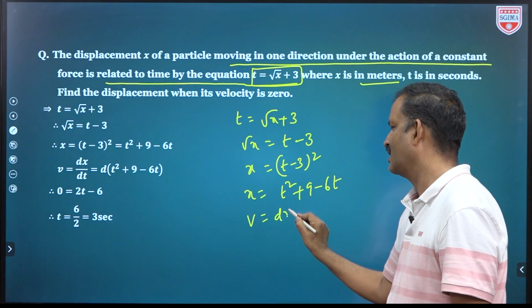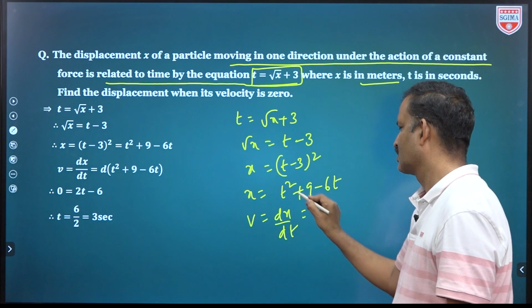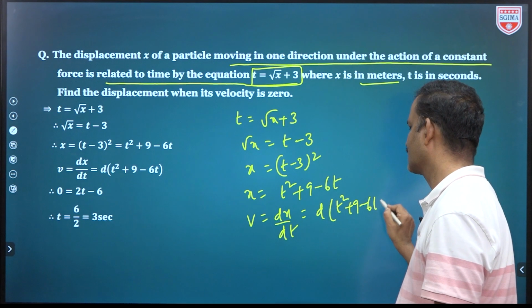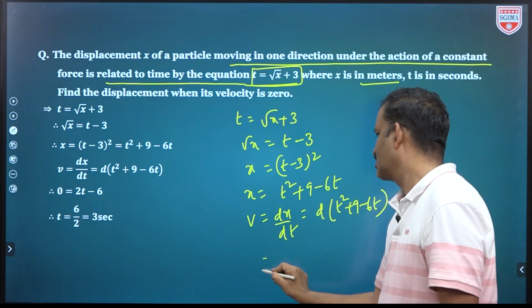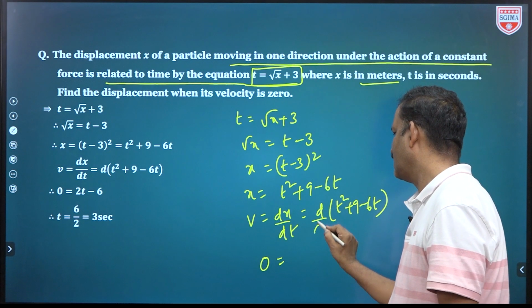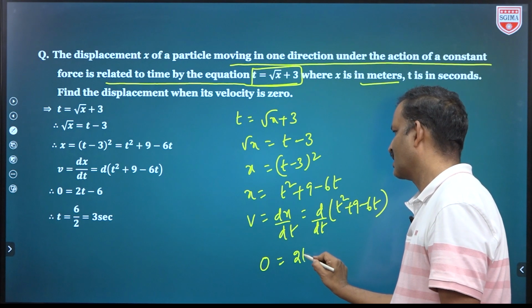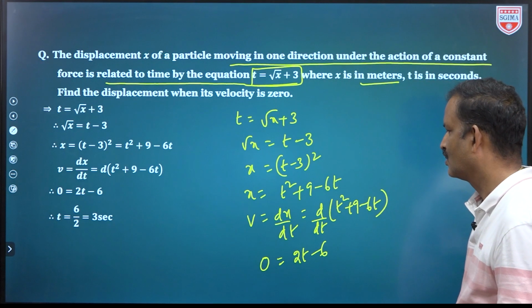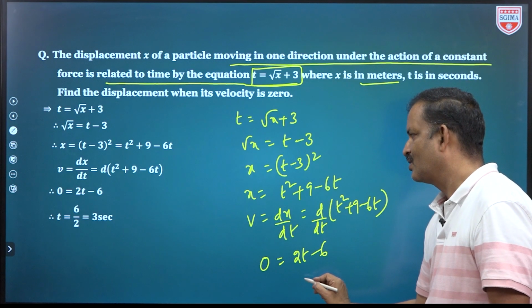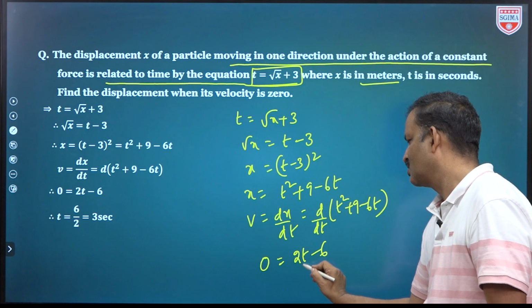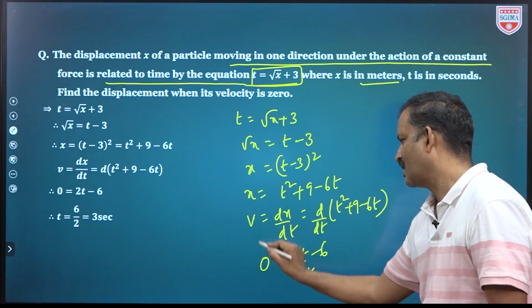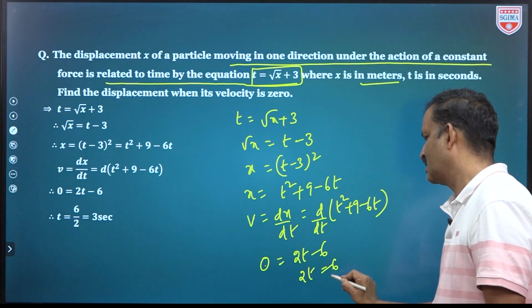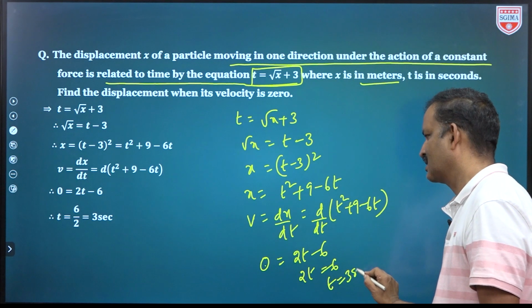Differentiation dx by dt: differentiation of t square plus 9 minus 6t. So, velocity 0 is equal to d by dt, this is 2t minus 6. So, time when velocity is 0: 2t is equal to 6, t is equal to 3 seconds.